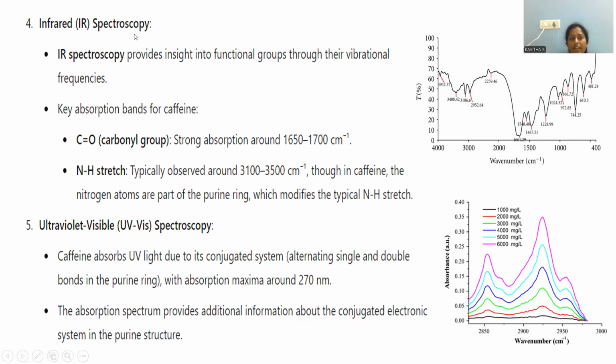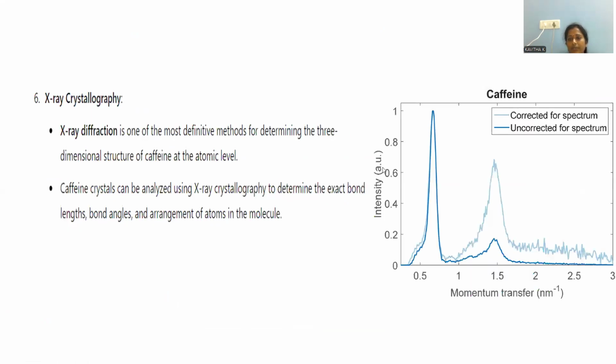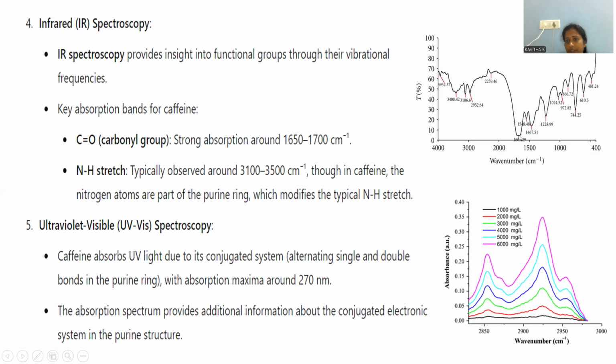Based on this IR spectrum of caffeine, we can observe that a carbonyl group is there. That carbonyl group gives a distinct peak between 1650 and 1700 centimeter inverse. Here the broad peak we can notice over 1650 corresponds to the presence of the carbonyl group.